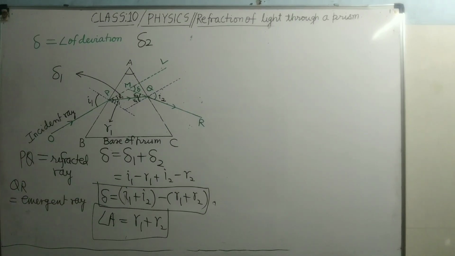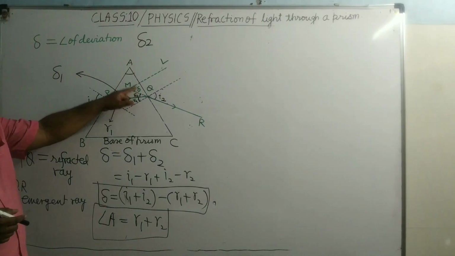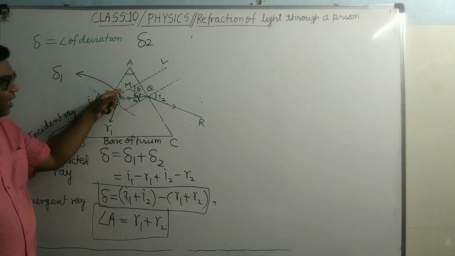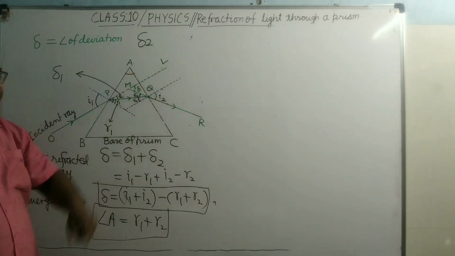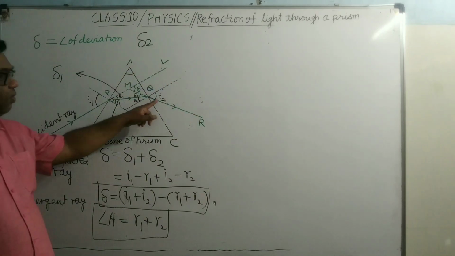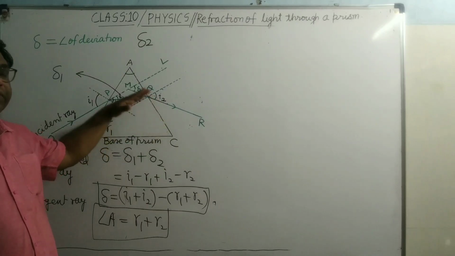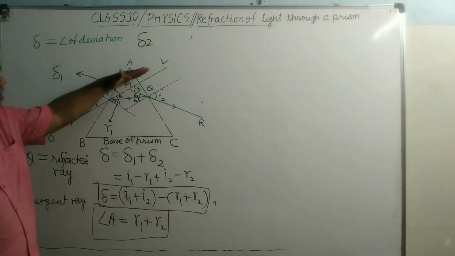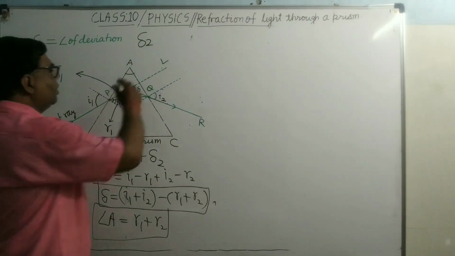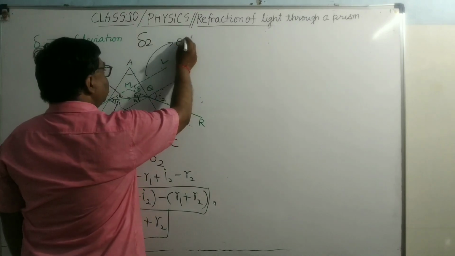Now you can see here, what is the angle of deviation del? Angle of deviation del is the angle LMR. It is the angle which the emergent ray makes from the original direction of the incident ray. This is the original direction of the incident ray.